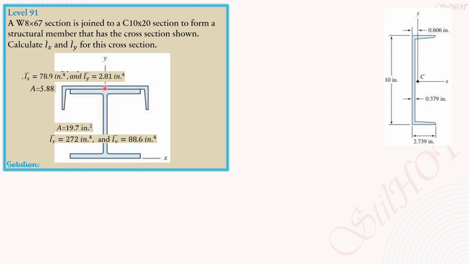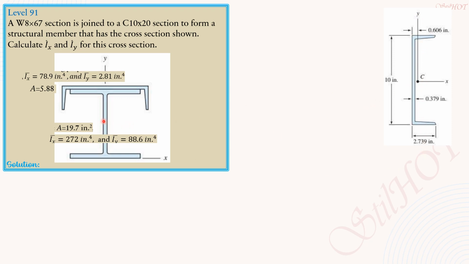Therefore, the y-axis is the x-axis of the channel. Looking at the orientation, it is flipped here, so the y-axis is the x-axis of the channel, while the centroidal x-axis is the centroidal y-axis of the channel. That's only for the channel.